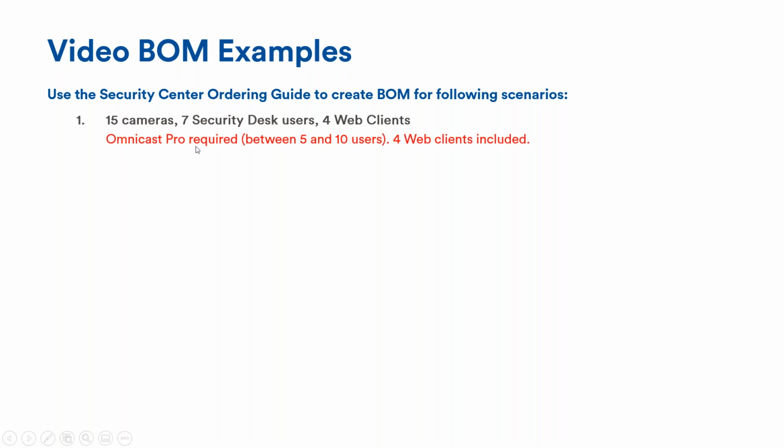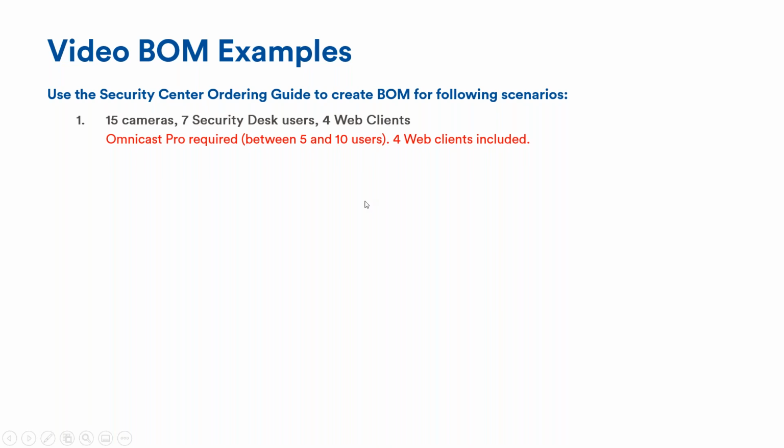That would be Omnicast Professional, because we have between 5 and 10 users. Standard supports 5, professional supports up to 10, and enterprise is unlimited. Now you may ask yourselves, well, 7 security desk users and 4 web clients, that's 11.